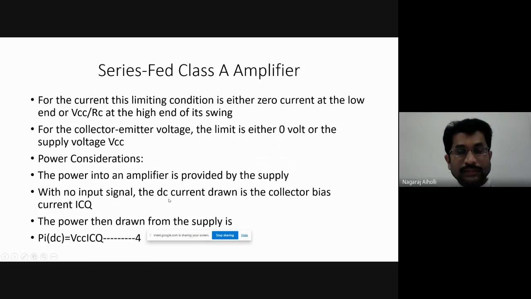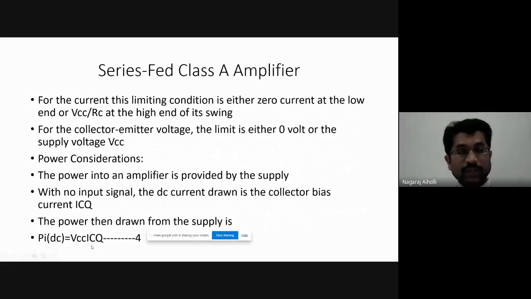If you are not applying any input signal, initially, then the DC current is nothing but the collector current flowing into the transistor.